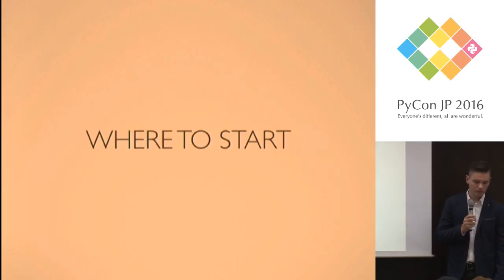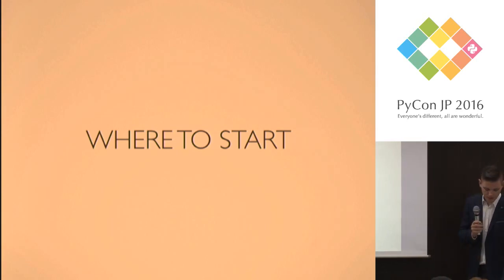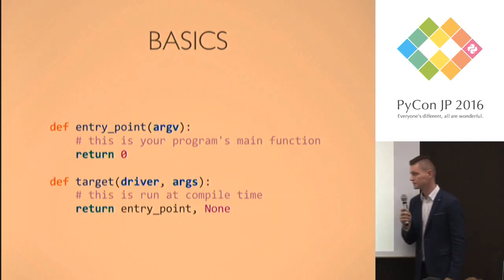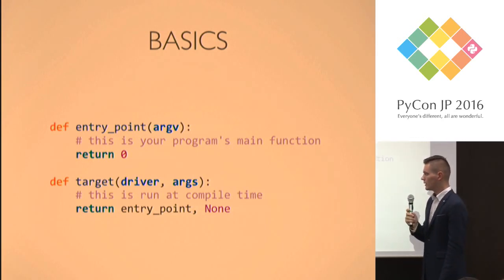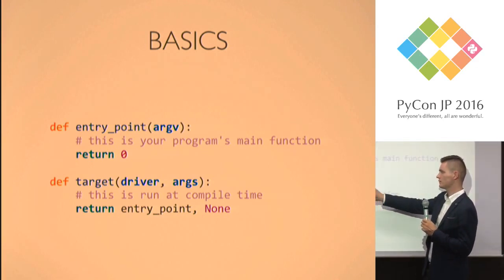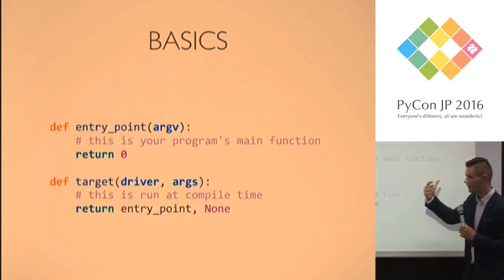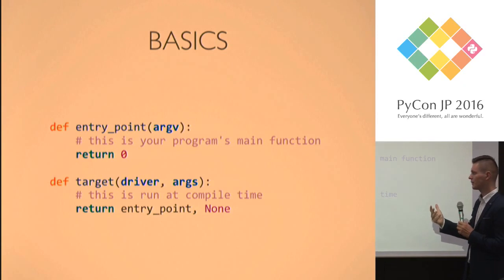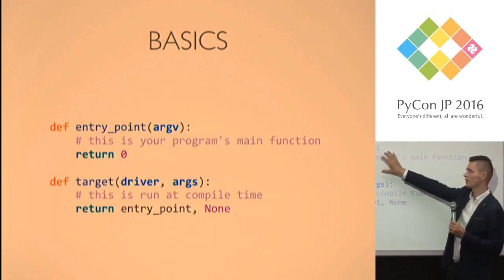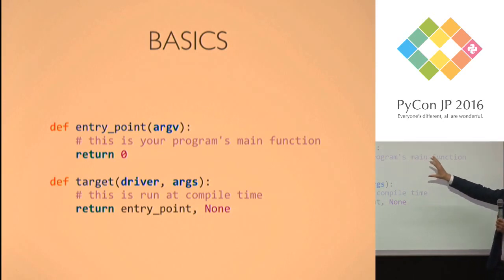So how do you start any of this? It's actually pretty simple. The shortest program you can write looks like this. All you have to do is have a target method, which RPython will call at compilation time, just to figure out the entry point, and thus your entry point is the main function.